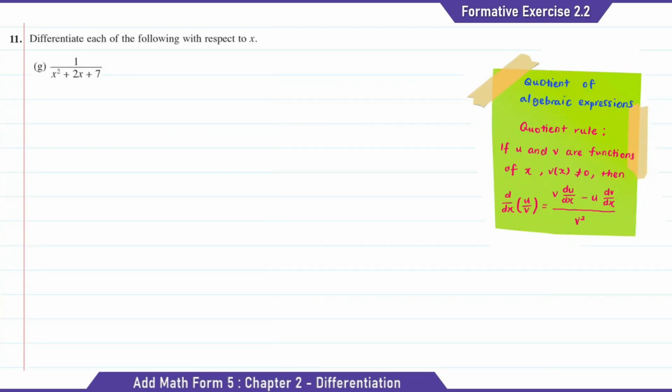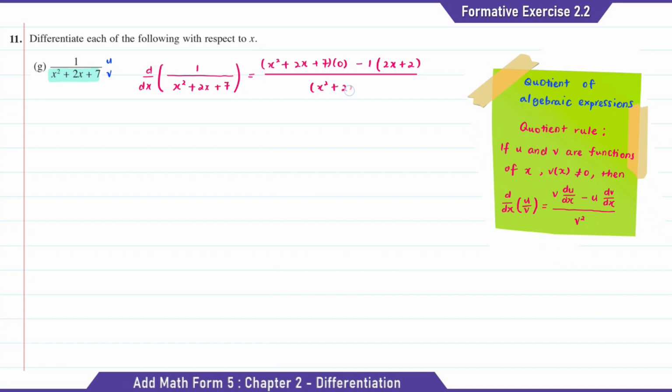Question G. Here we're also going to solve this using the quotient rule. First, copy the v, x squared plus 2x plus 7. Then differentiate the u. The answer here will equal 0. Then minus u, which is 1. Then differentiate v, which is 2x plus 2, over v squared.